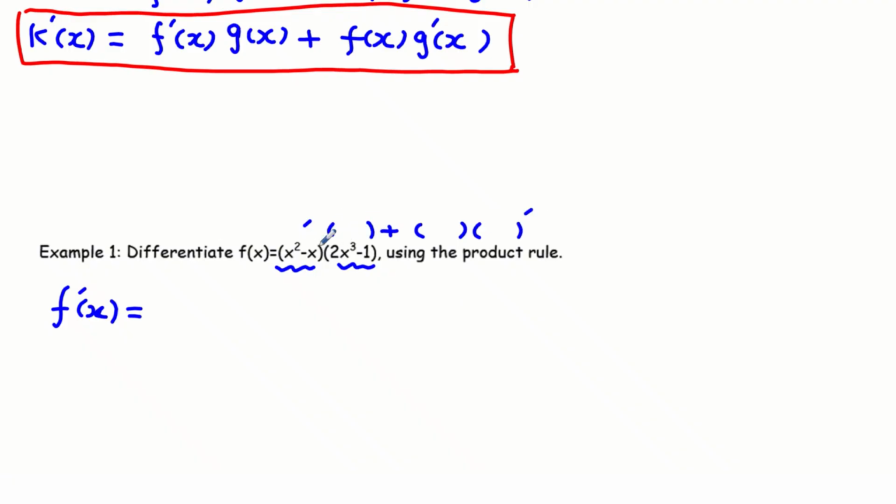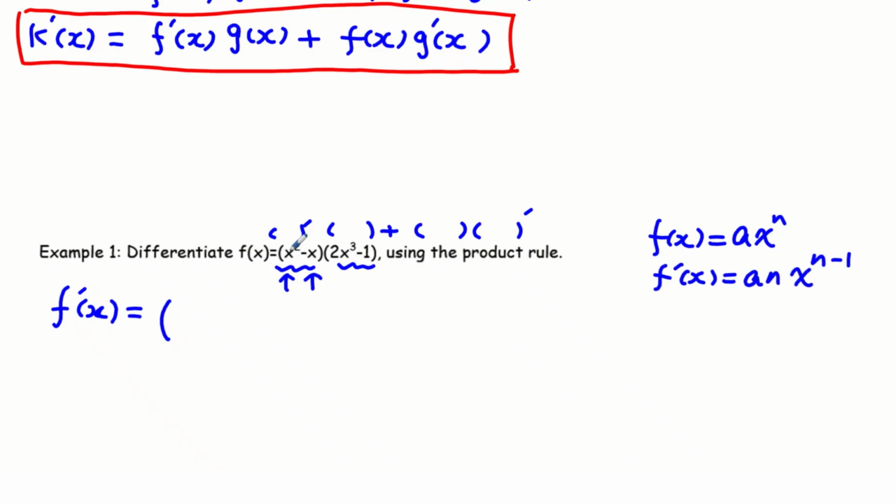Okay, so we are going to follow this product rule. For x squared minus x, the derivative, we separate it as two terms for the power rule. So the power rule is our first derivative rule.